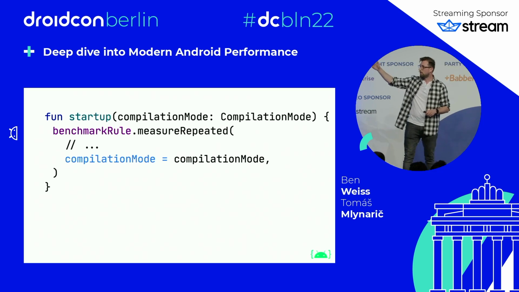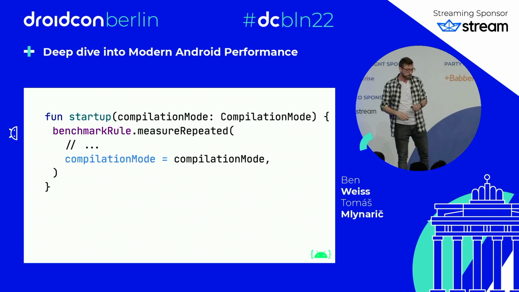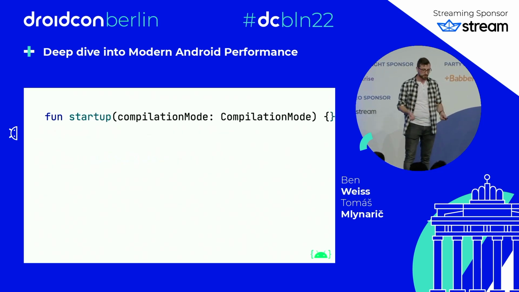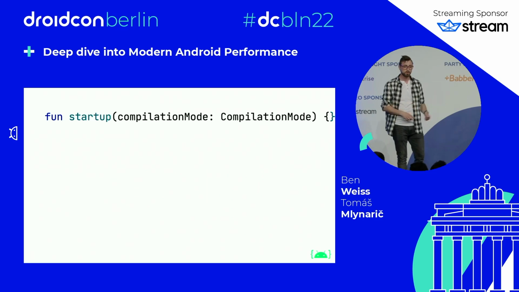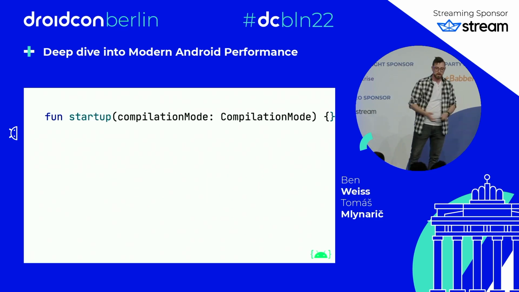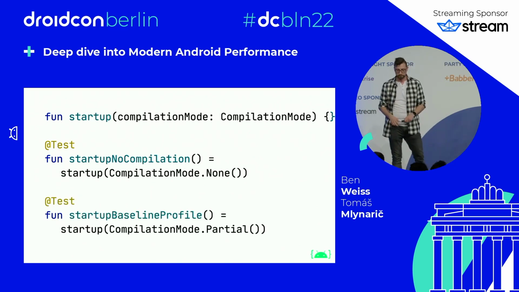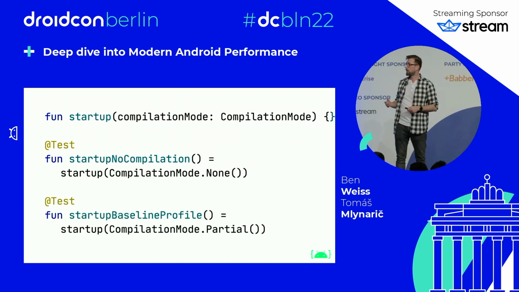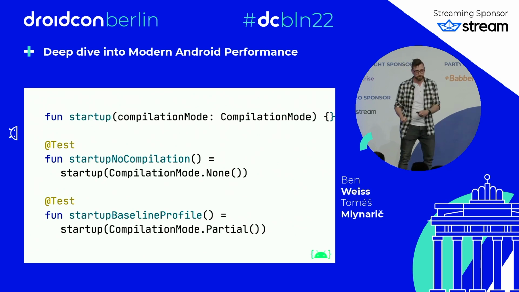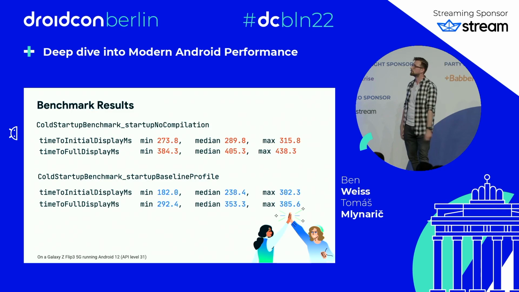We specify the parameter in the startup method, and then we write two tests. Startup no compilation, that will use the compilation mode none, and partial, that will use the baseline profiles. And that's it. We can run the test, again, this time on a physical device, ideally, because we're measuring, and we'll get results.